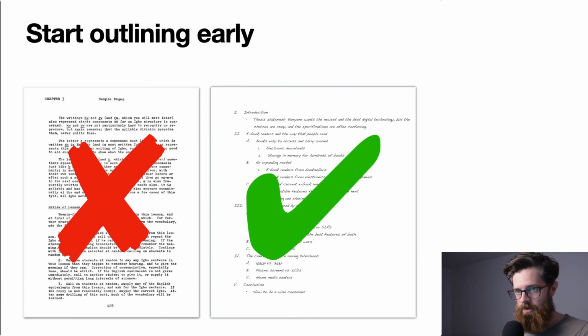Instead, what I would recommend is to think about your writing in much more of an iterative approach. And so personally, I would say, yes, start writing early, but don't just start writing full text early. Instead, start outlining early.